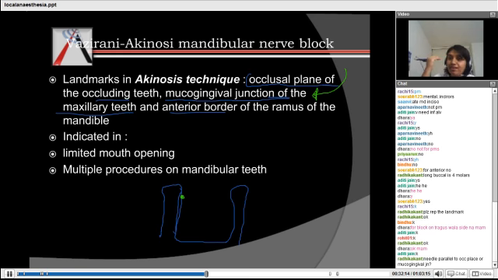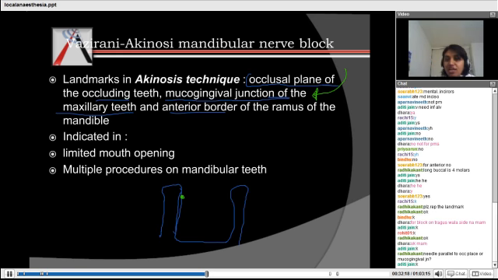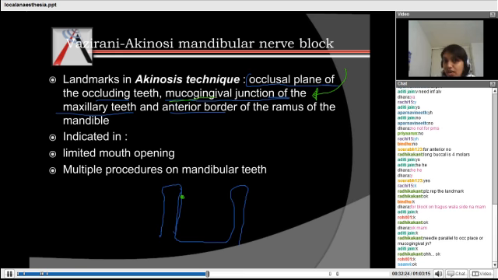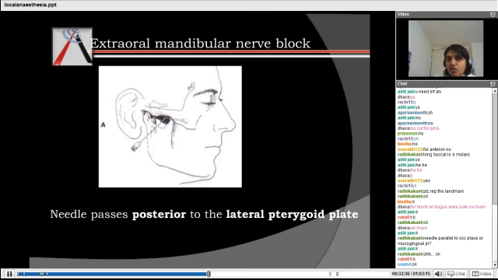Ultimately, again we are trying to reach near the neck of the condyle. That is why the mucogingival junction of the maxillary teeth is important. Clear?